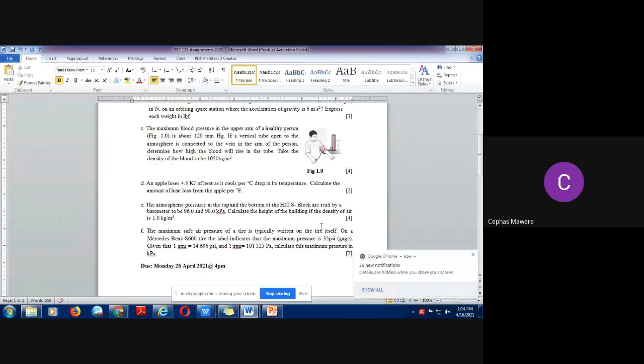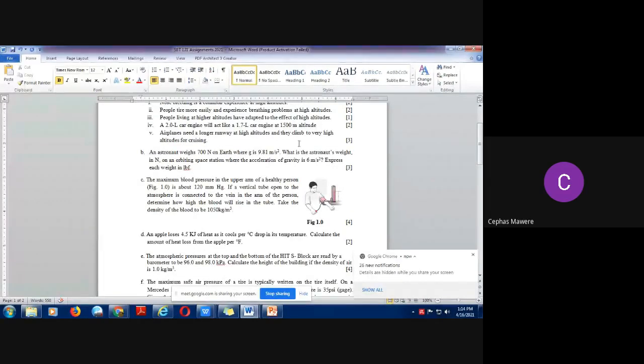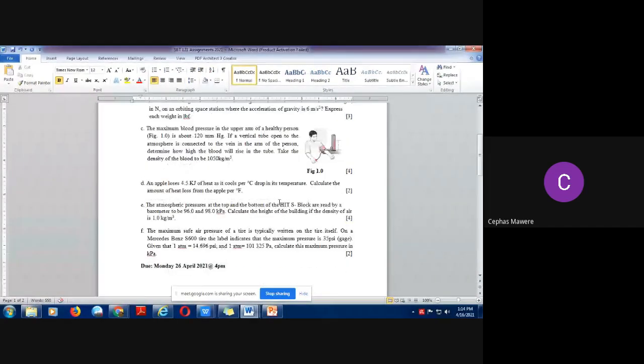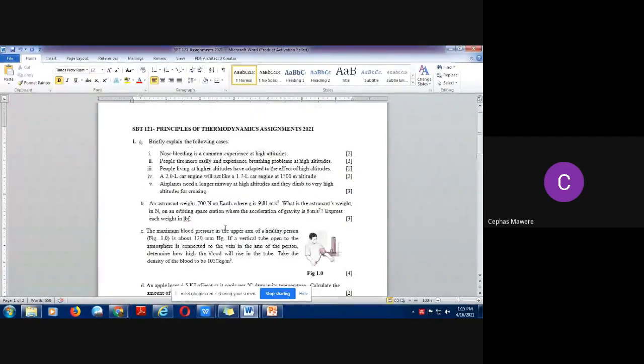I think by the 26th, which is in 10 days' time, you would have been able to go through aspects of calculations in detail, calculations in terms of pressure and temperature changes. So this assignment is largely to do with pressure and conversions from one unit to the other.